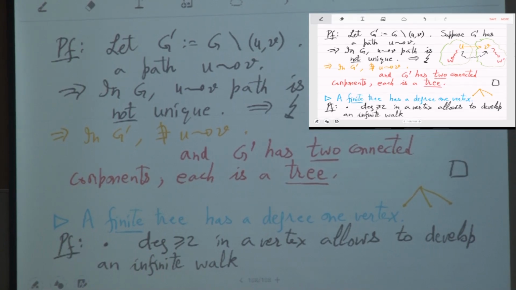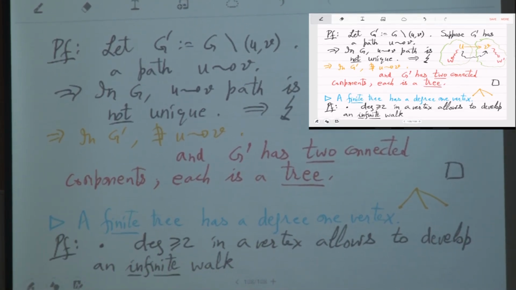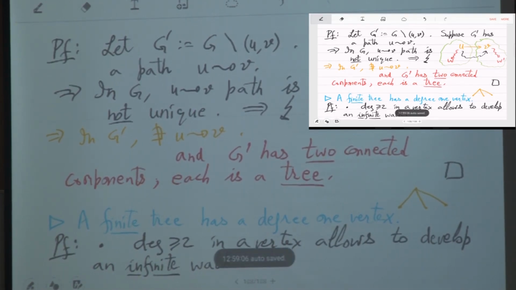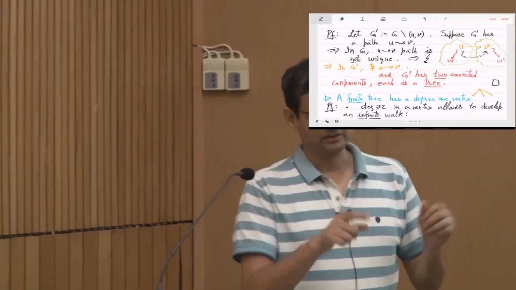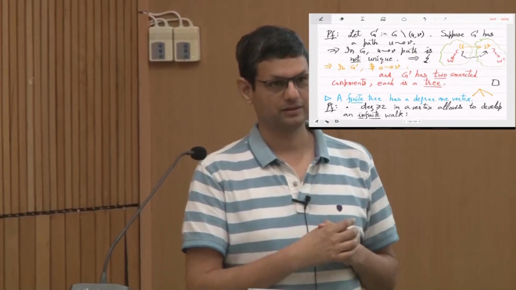Tree has no cycle. So what you do is you pick any vertex. Clearly, it will have degree at least 1. It's a connected graph. It's a tree. So there will be a neighbor. So you go to the neighbor, and the principle, or the invariant you follow, is when you enter a vertex by an edge, you exit the vertex by a different edge.